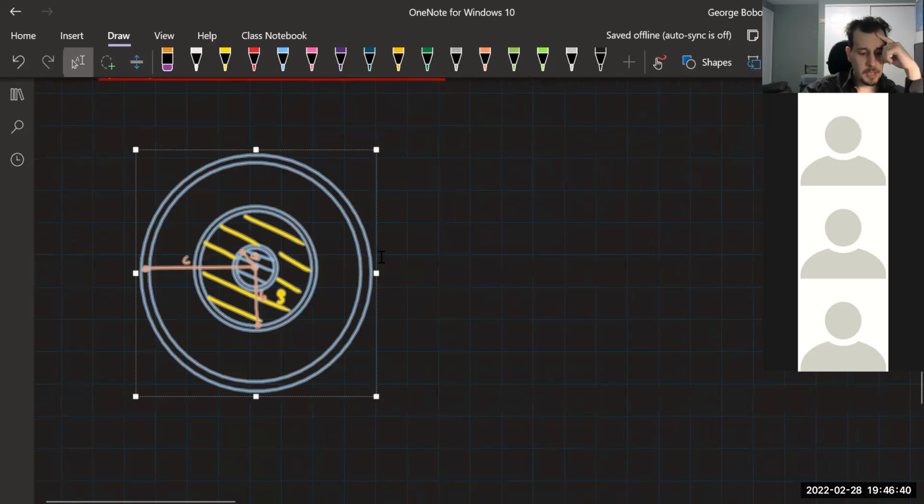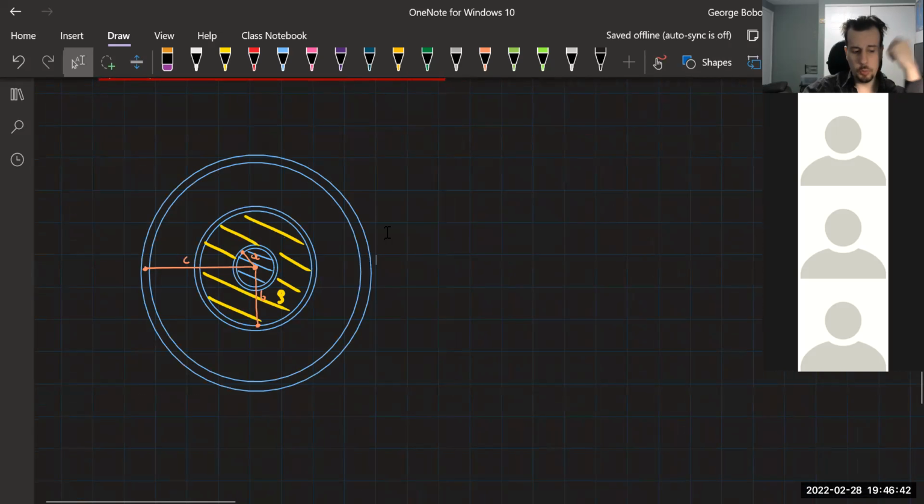Grace, what kind of Gaussian surface would work here for this kind of symmetry? What would you use to do the electric field? What kind of Gaussian surface?